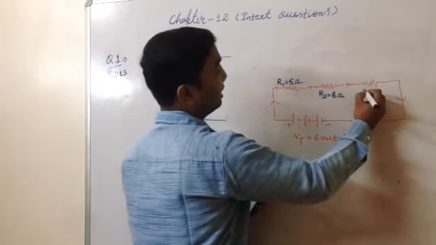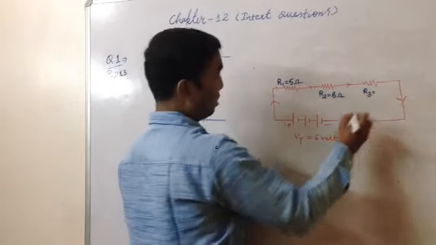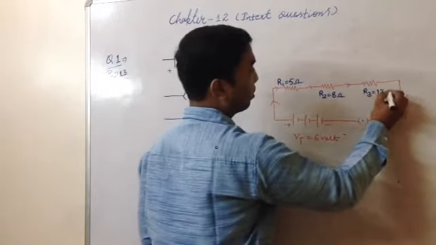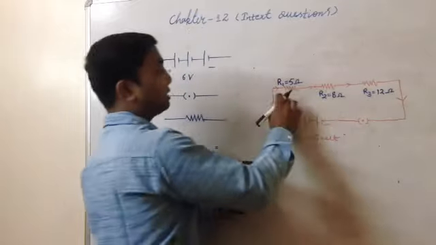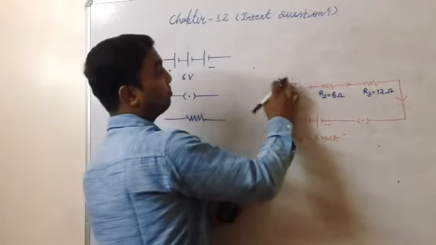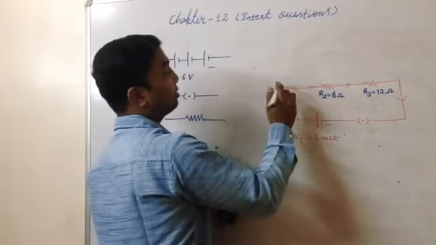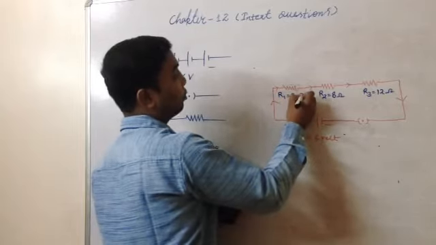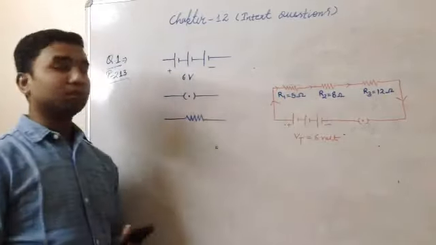And what is R3? R3 is provided here as 12 ohm. Okay. So this is the diagram of the circuit that they were asking for. R1 was 5 ohm. So is this clear?